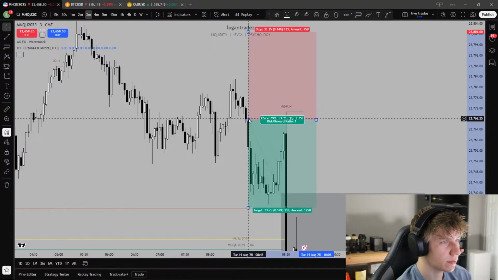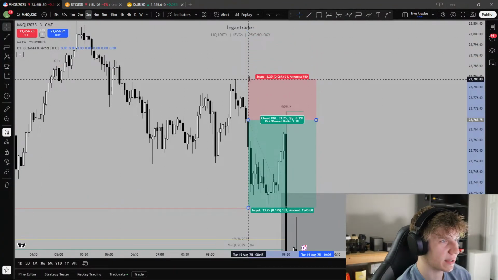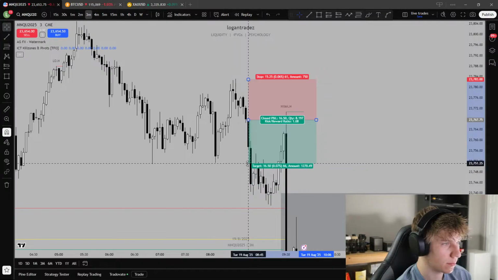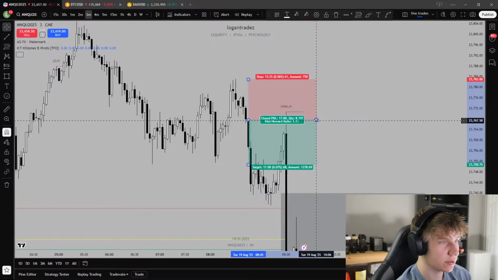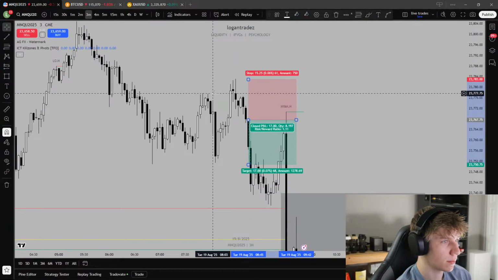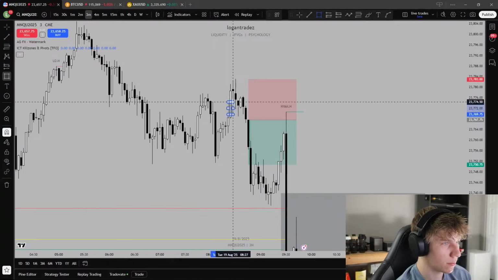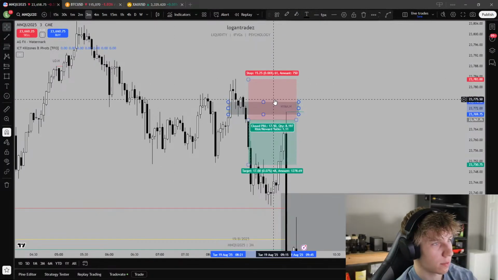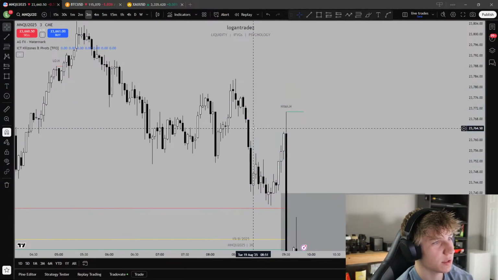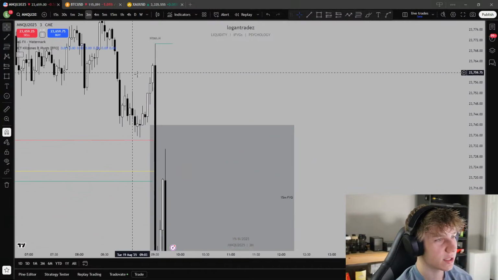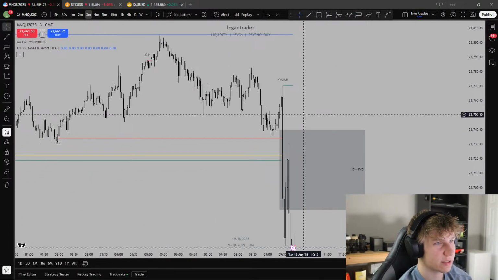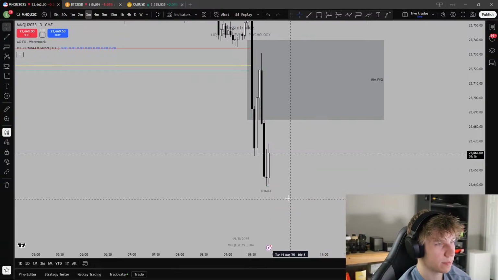I'm assuming it's not a bad setup to relative equal those. What are you talking about? It's not a bad setup. I was just waiting for New York Open.